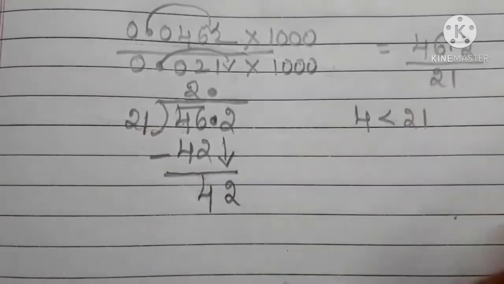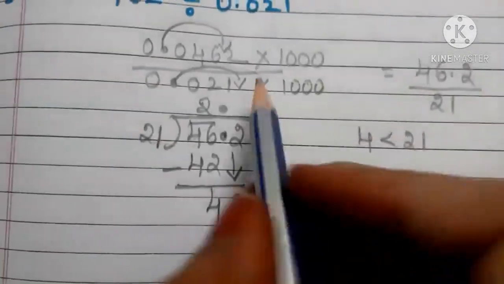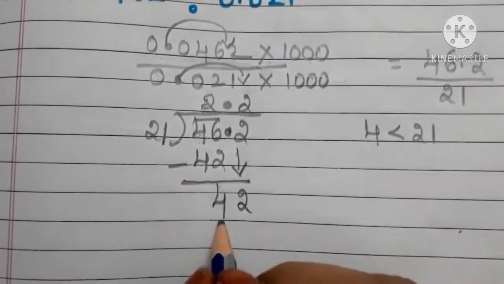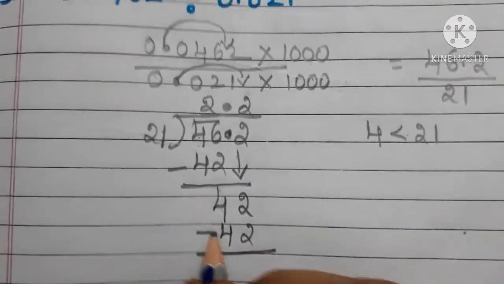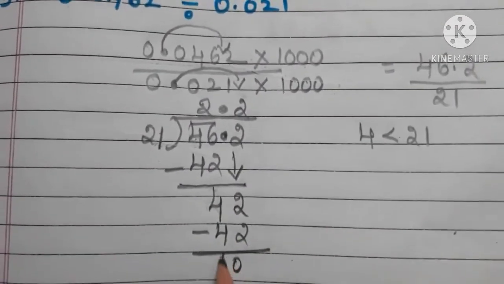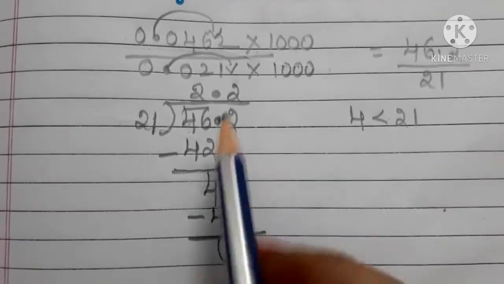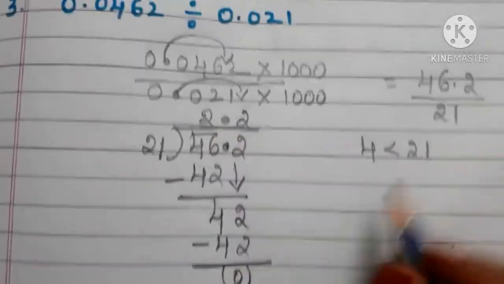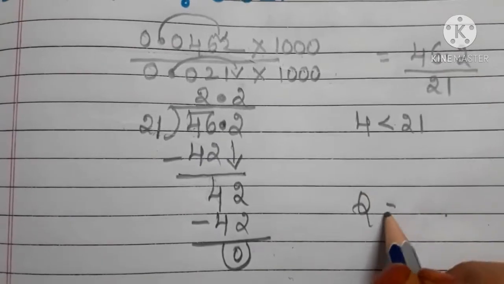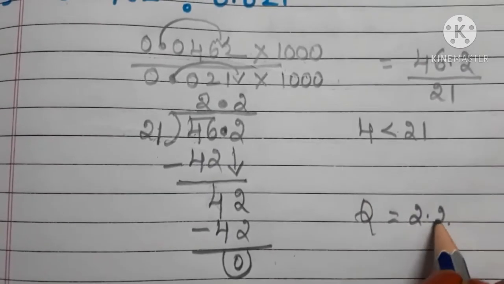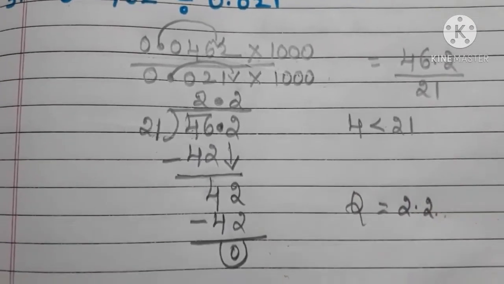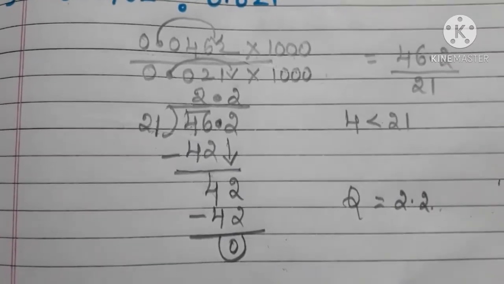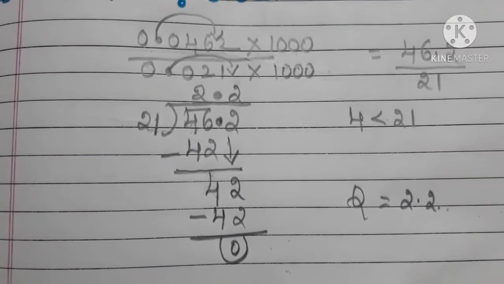Again 21 2s are 42, right? So write 2 here, 42 here. 42 minus 42 is 0. Now the quotient is 2.2. So write here 2.2. In this way we can divide a decimal number by another decimal number.